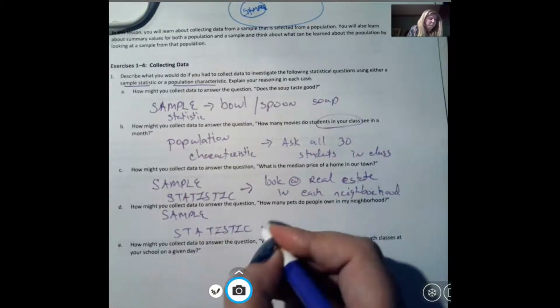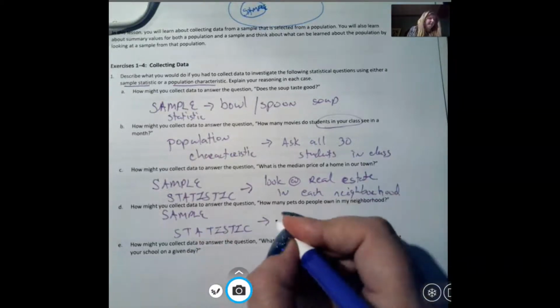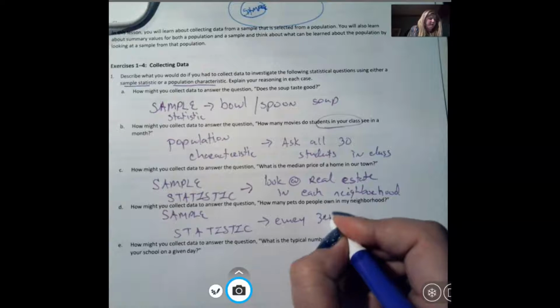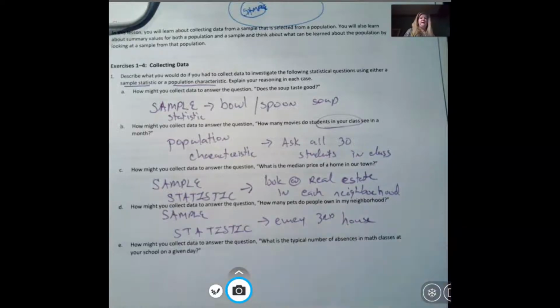And I would rather maybe ask, I don't know, every third house. Because if I just do every third house, then every house kind of has an equal opportunity. Whereas if I only ask my neighbors who were out walking their dog, it's probably going to skew my results or make them a little different.